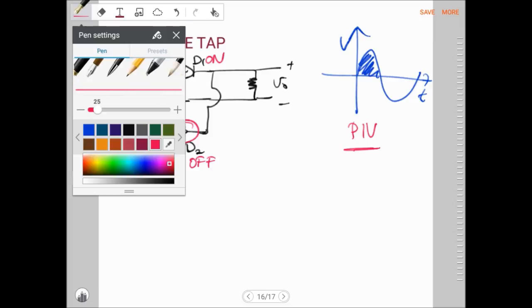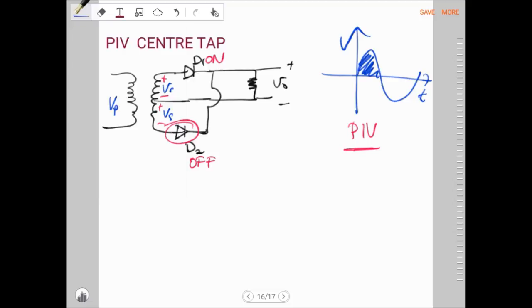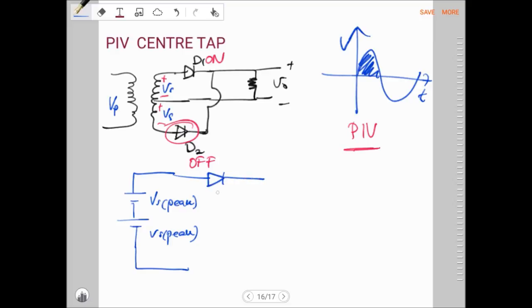If I draw this circuit again, just to get the KVL at the positive cycle, it's like you have two batteries over here, 2 VS peak, and then VS peak over here, and then you have the diode D1 which is on.